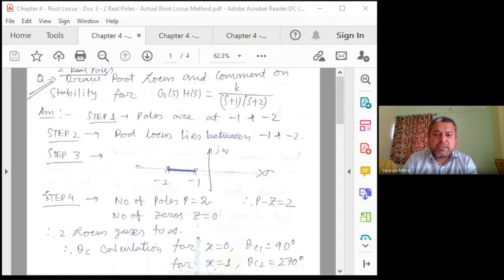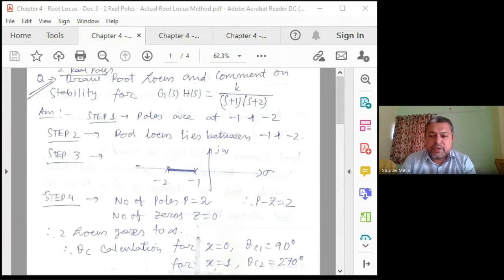So yesterday we saw exactly what we are doing. G(s)H(s) equal to k divided by (s plus 1)(s plus 2) was given. We had first found 1 plus G(s)H(s), and that had given us an equation of s square plus 4s plus k is equal to 0. And there we had been changing the value of k from 0 to infinity.